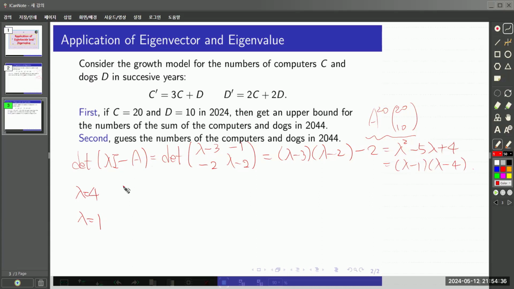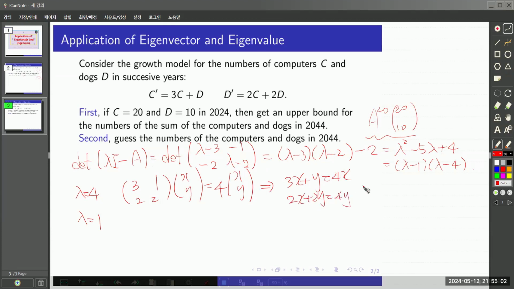Now let's find the eigenvectors corresponding to those eigenvalues. For lambda equal to 4, we have [3, 1; 2, 2] times (x, y) equal to 4 times (x, y). Then you will have 3x plus y equals 4x, and 2x plus 2y equals 4y.